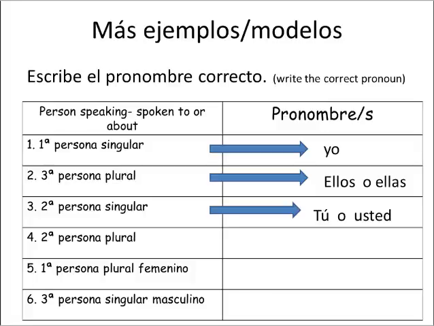However, in Central and South America, the usted form can be used either formally or informally, and we will talk more about this.